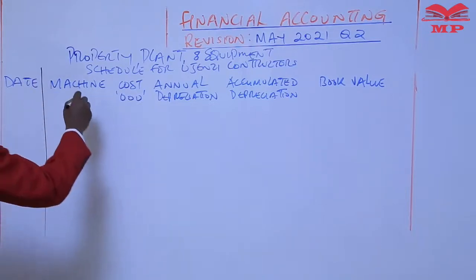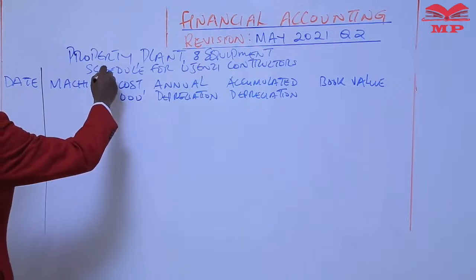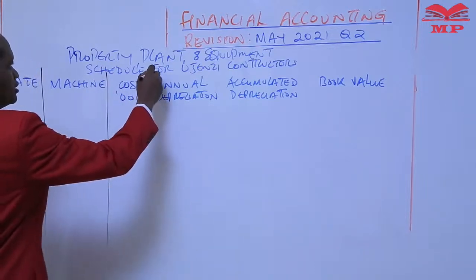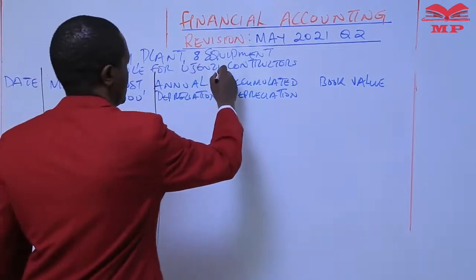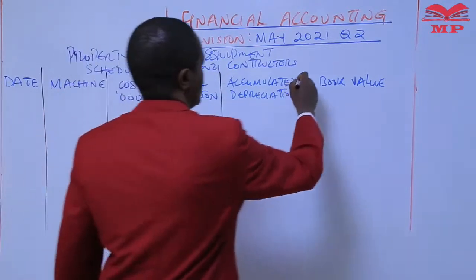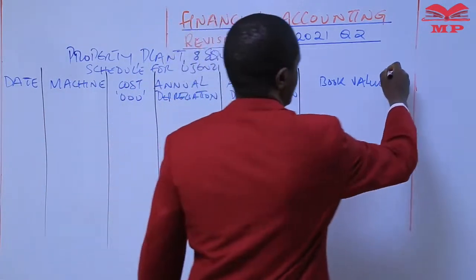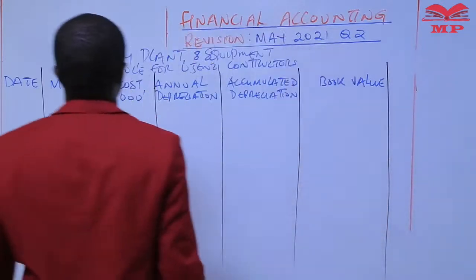Date, machine, the cost, annual depreciation, accumulated depreciation, book value.